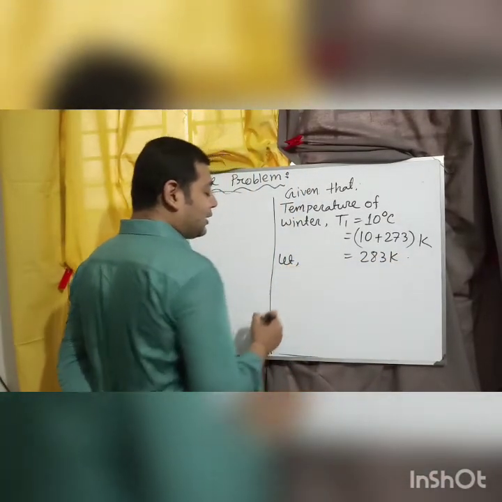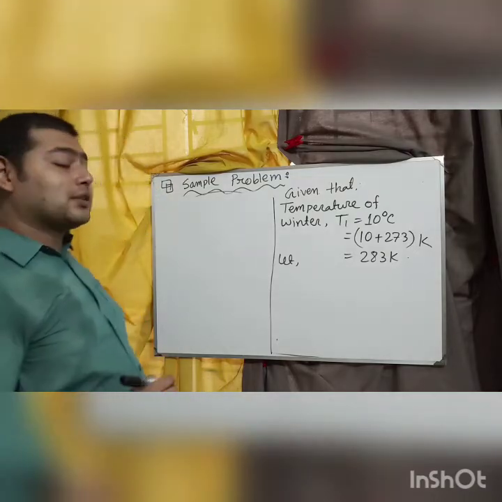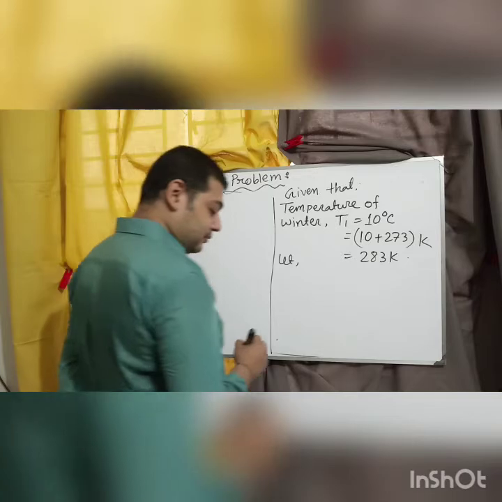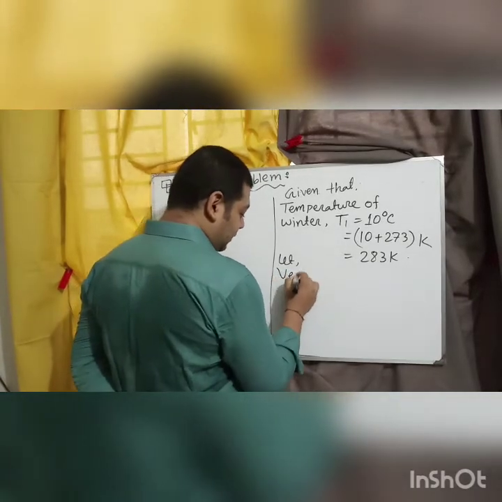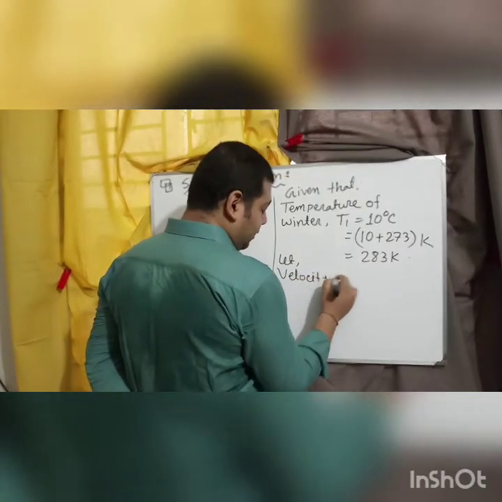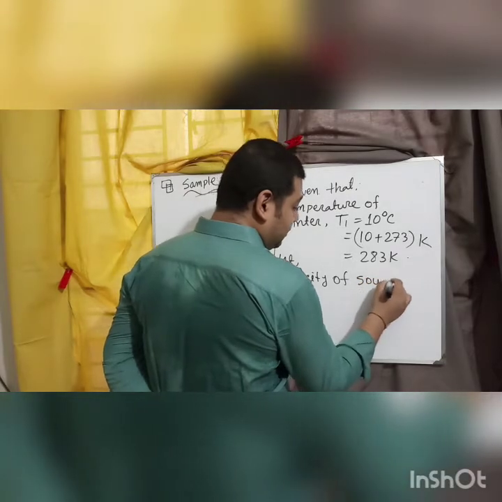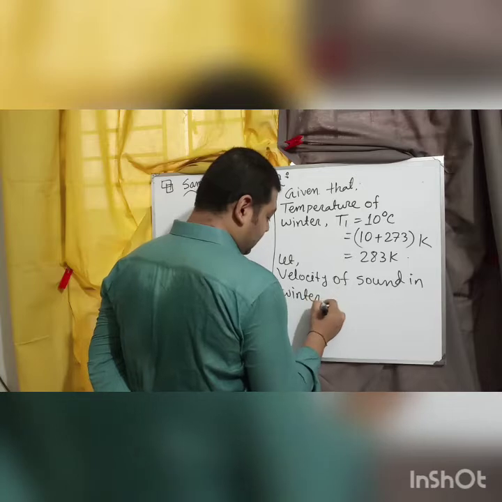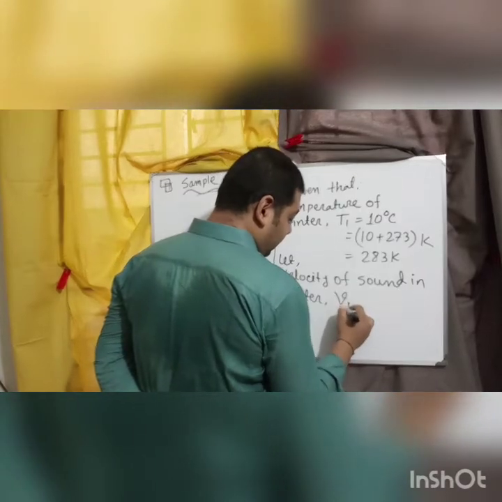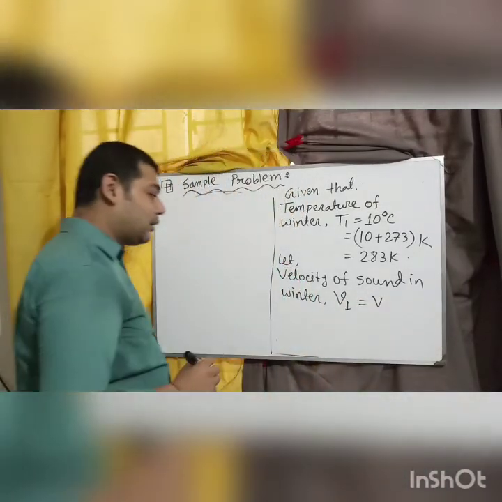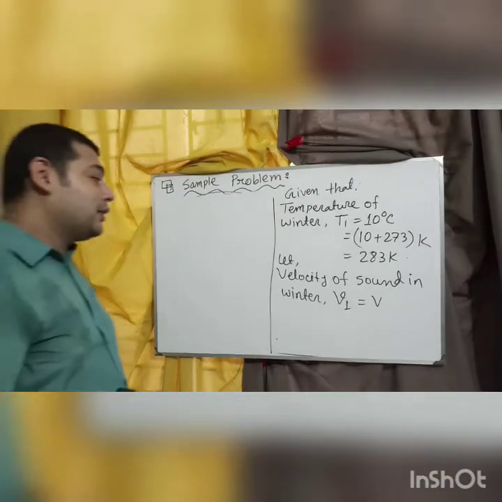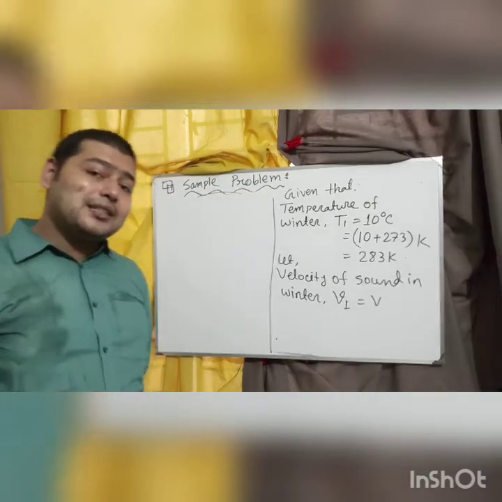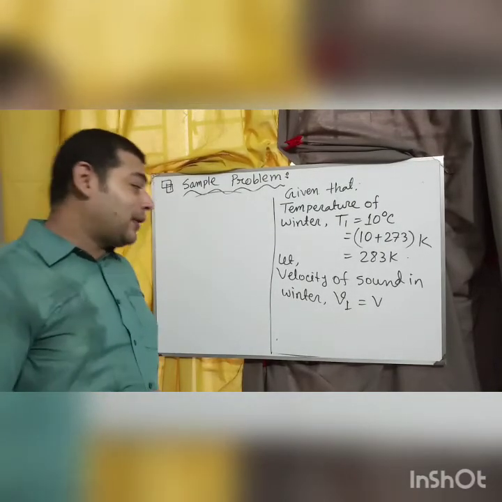Let the velocity of sound in winter be V. Velocity of sound in winter V1 equal to V, and we are given that the velocity of sound in summer will increase by 0.5%.